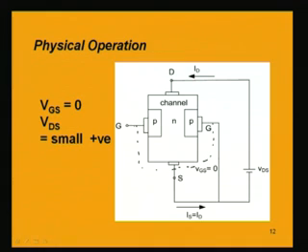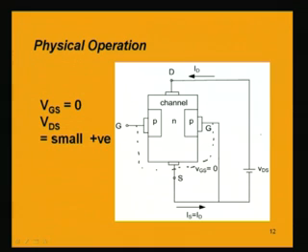We are now not applying any gate to source voltage. That means gate to source voltage is now 0. There is no potential applied between the gate and source terminal, but there is a positive potential at the drain with respect to the source. Now, if we apply VDS positive, of course, VDS has to be kept at a low voltage.